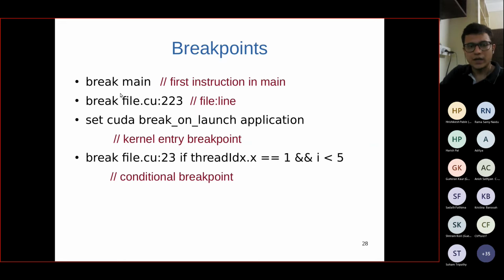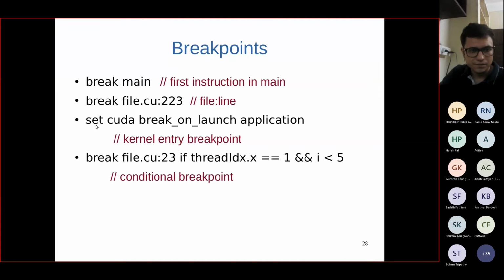So in this file.cu, the breakpoint is inserted at line number 223, and as soon as the flow reaches that line, it will start executing in step-by-step manner, and will show the information related to each and every step being executed by cuda-gdb, and the information related to the variables and all the states which are being modified by the execution of each and every instruction in that program.